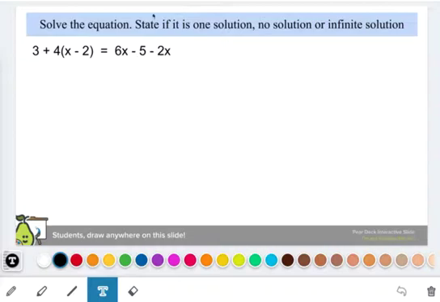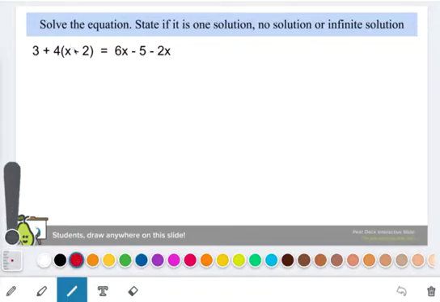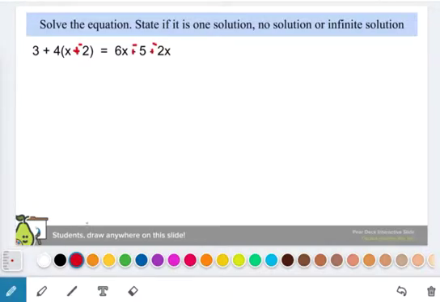Next one. Solving equations: state if it is one solution, no solution, or infinite solutions. First, additive inverse. So for every subtraction sign, we change it to plus a negative, plus a negative, plus a negative. Then distribute, because we do parentheses next.